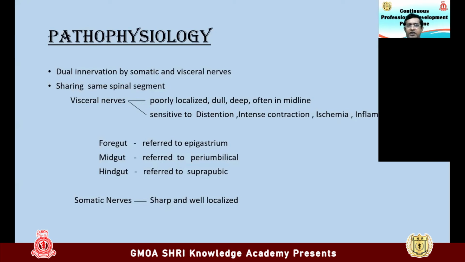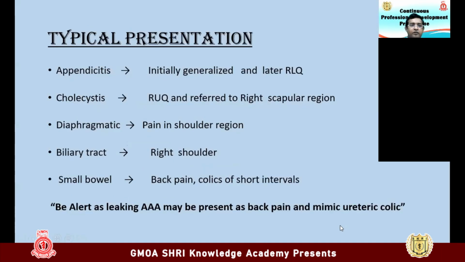That's why patients with involvement of the liver and gallbladder will have pain in the shoulder area. Sometimes you will see a typical presentation. That can vary, but most of the time these are described as typical presentations.